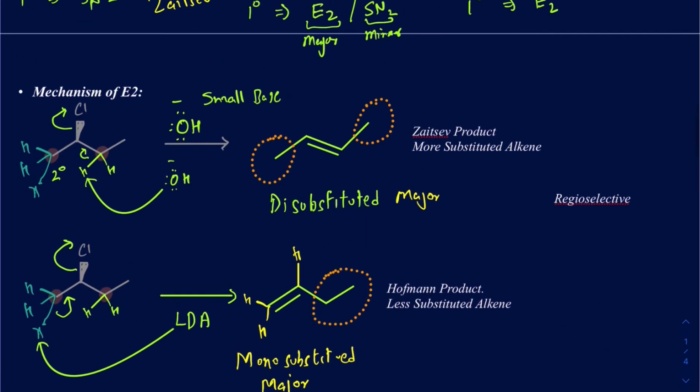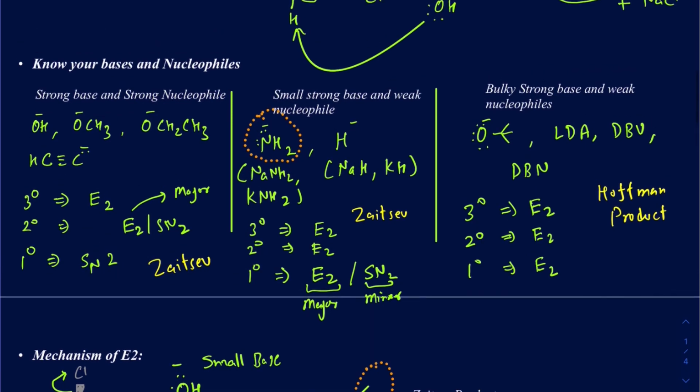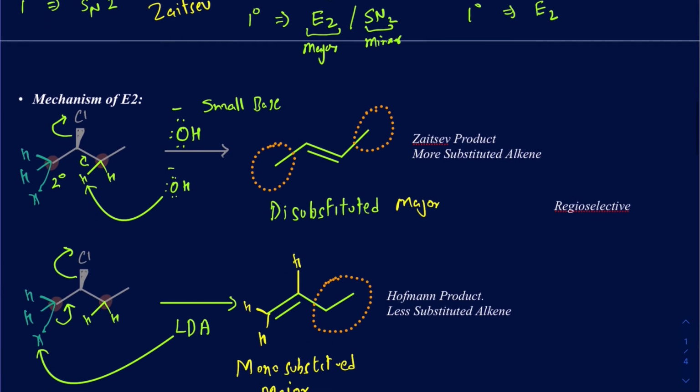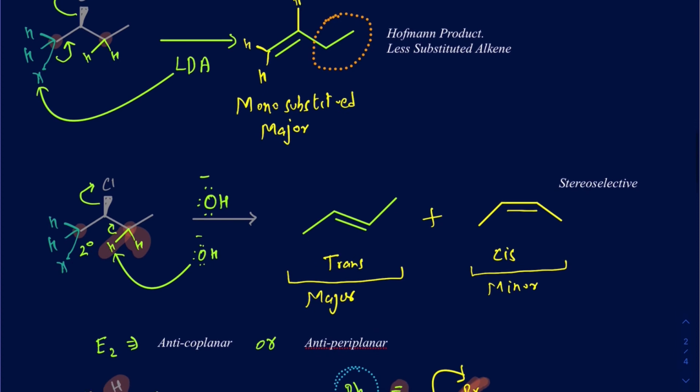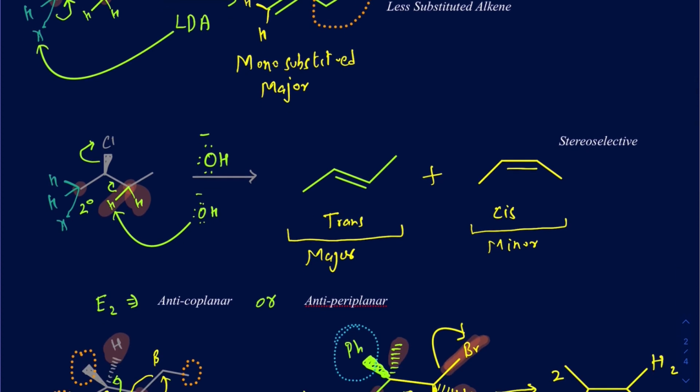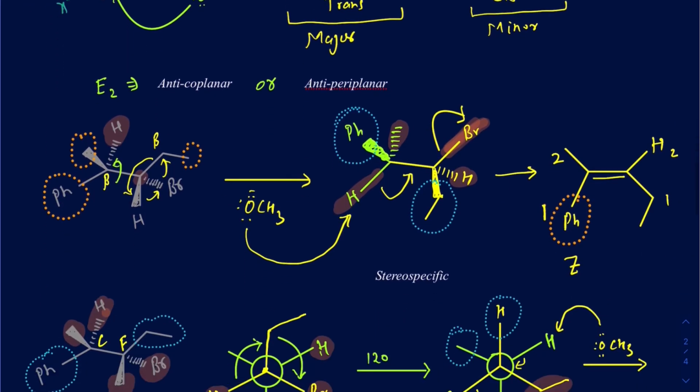And obviously, like I said, the most important part is to be able to understand when you're going to get Zaitsev, when you're going to get Hoffman, and to understand that, yes, if you're getting multiple stereoisomers where you have cis and trans possibilities, you're always going to get trans unless there is going to be a restriction, something not being periplanar like we have seen in this particular example.